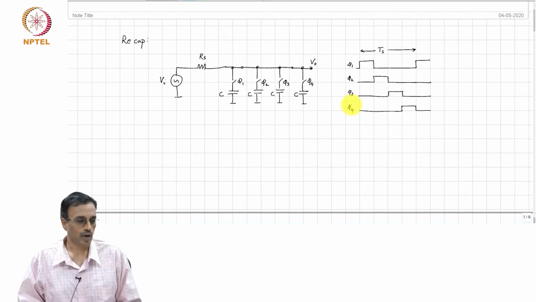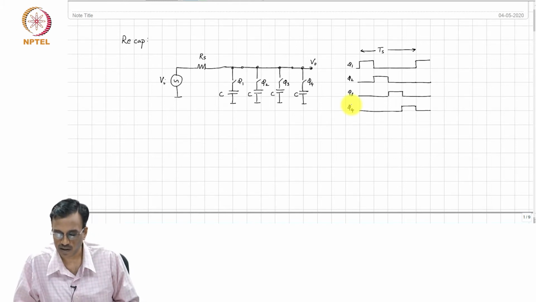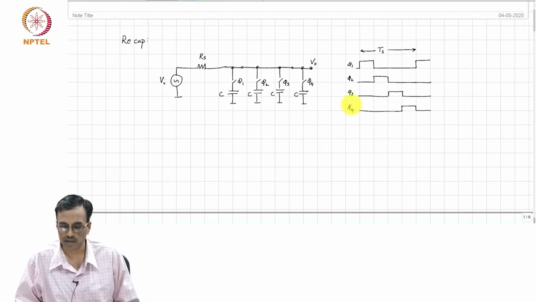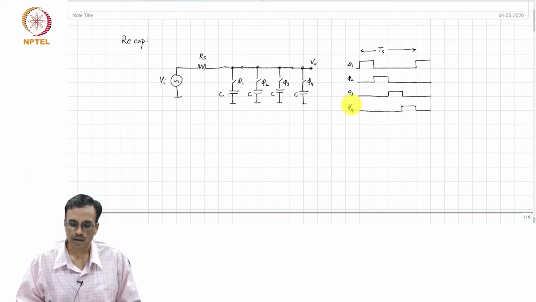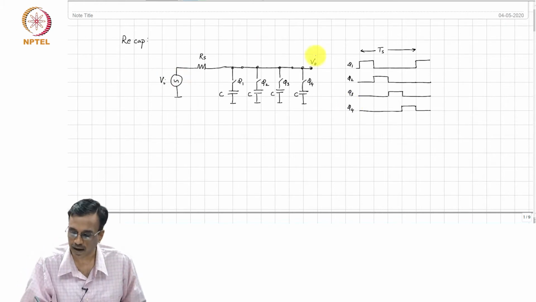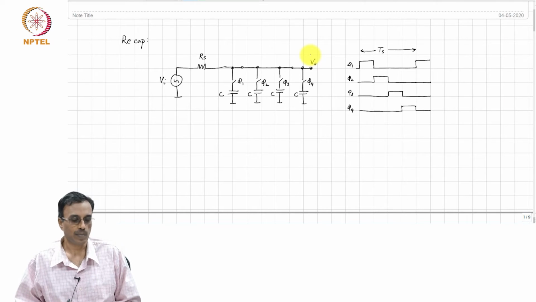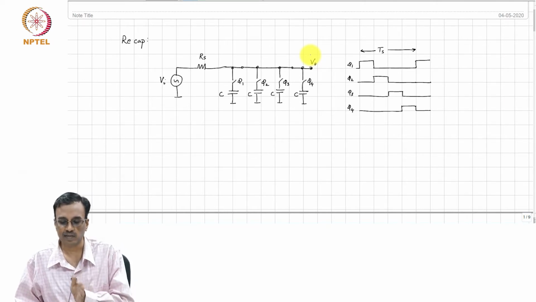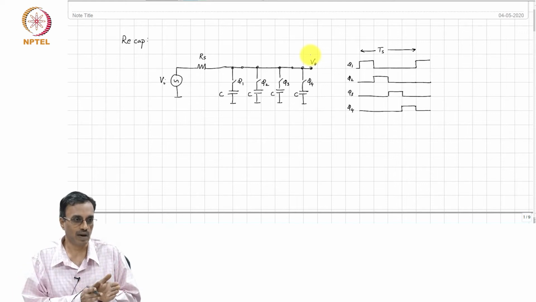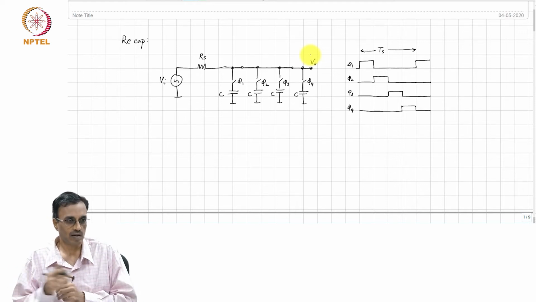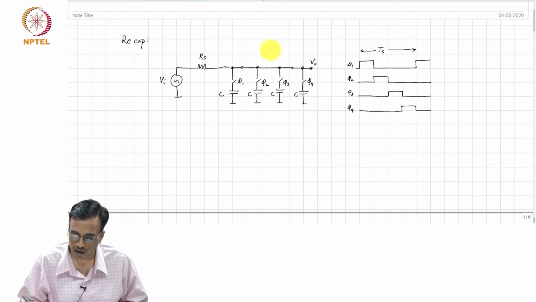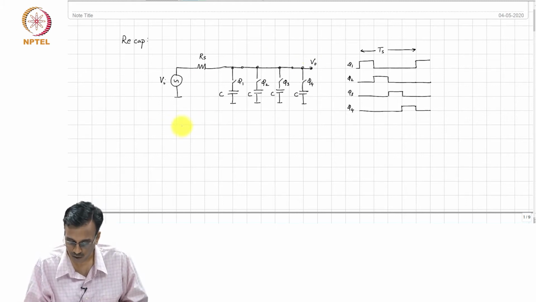So, clearly this is a periodically time varying circuit, and if you stare at it carefully, because the 4 capacitors are equal, if you look at the transfer function from V_I to V_O, it is apparent that it is not only time varying at T_s, but the network looks exactly the same every T_s by 4.